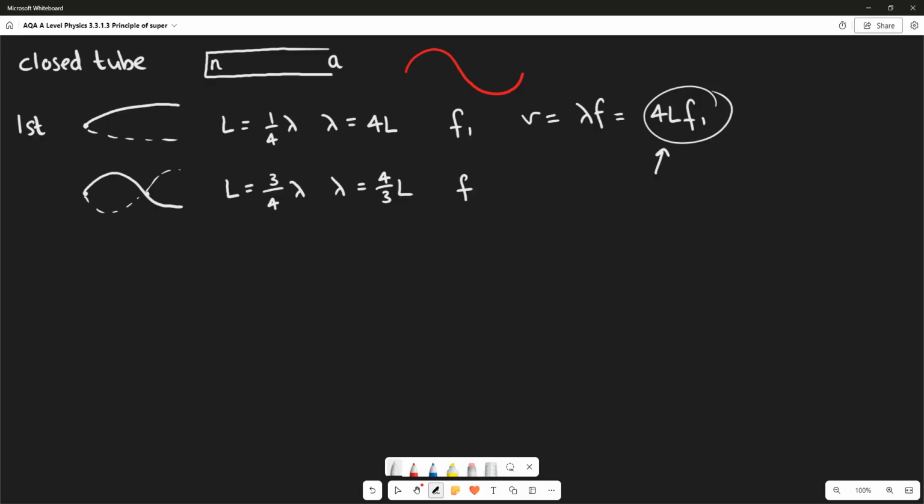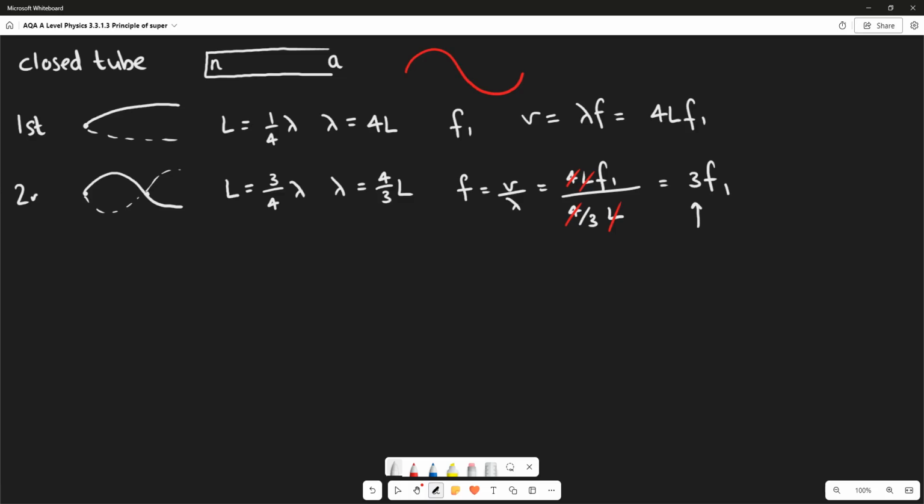The frequency of this harmonic is given by that equation, and we can substitute in the velocity over the wavelength and then do some cancelling, which gives us the third harmonic.